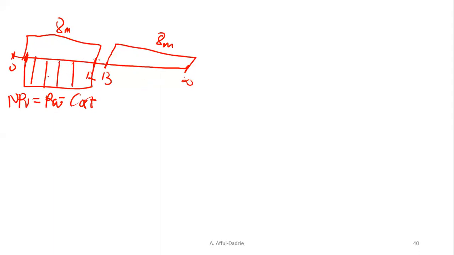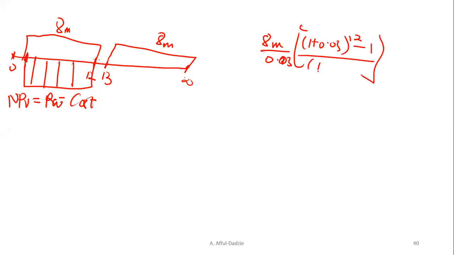So for uniform cash flow from period 1 to period 12, we would have 8 million times (1 plus 0.03)^12 minus 1, all over 0.03 times (1 plus 0.03)^12, taking 0.03 as the interest rate. This gives us the present value for the costs.